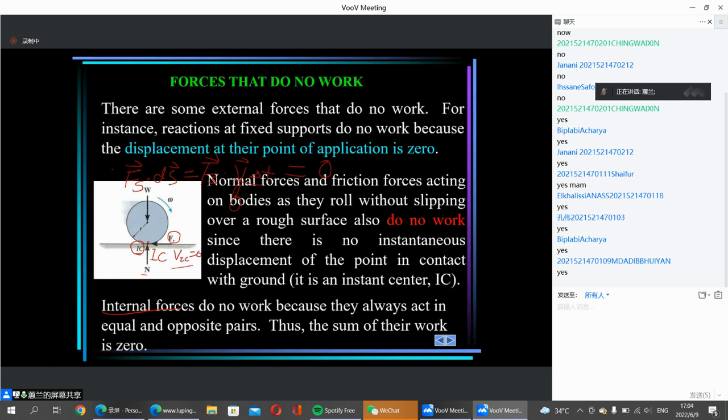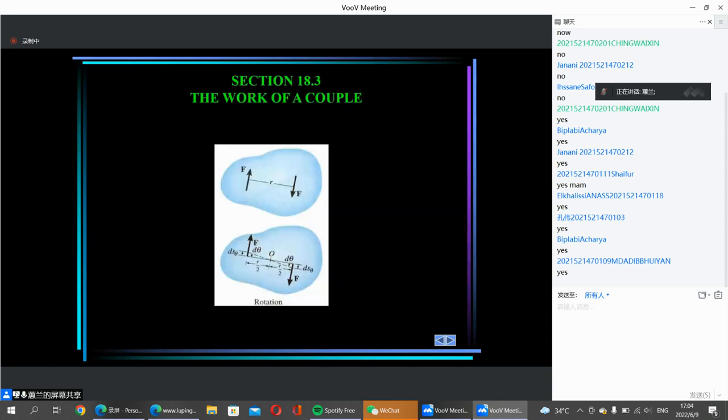It's very, very important. Even though we have friction force, because it's non-slipping rolling, the contact point is the IC of the disk, so the velocity of the contact point is always equal to 0. Sure, if it's slipping rolling, the friction force will do work on the rigid body.